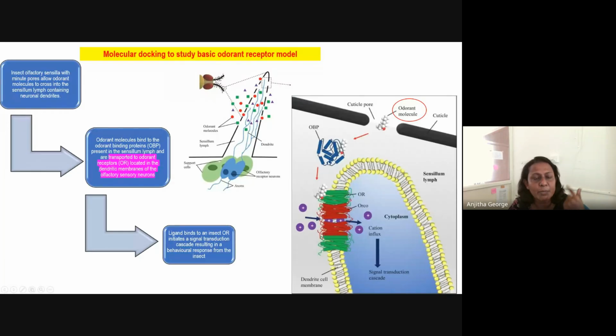There will be odorant binding proteins which will bind with these odorant chemicals, and it will be transported to the odorant receptors. Just simply I'll explain. Just imagine a key and lock mechanism. So we have a target and a ligand. If the target and ligand are appropriate, it will lock. It will bind properly.